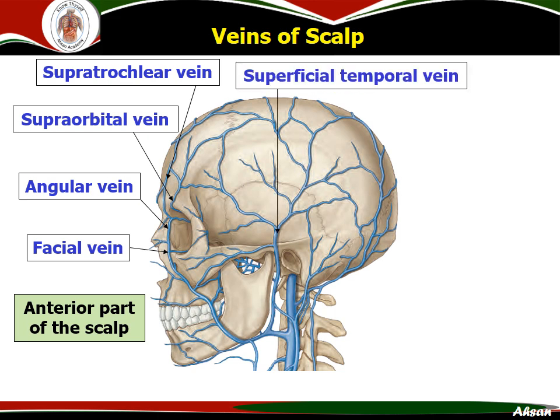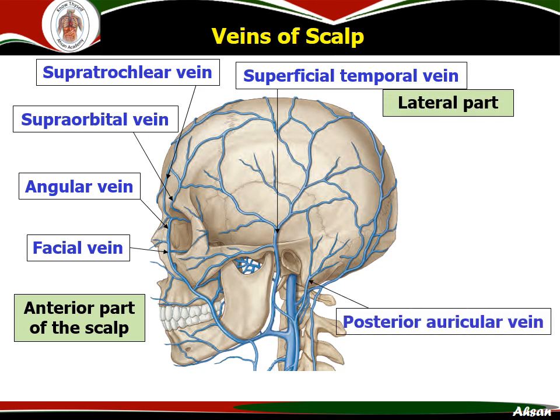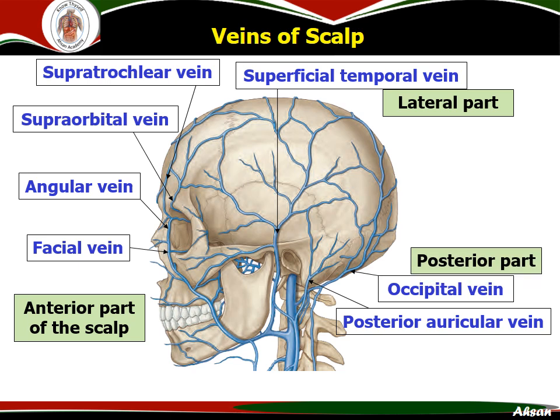The superficial temporal vein collects the blood from the small veins arising in the lateral side of the scalp. The posterior auricular vein and the occipital vein collect the small veins arising from the posterior part of the scalp.